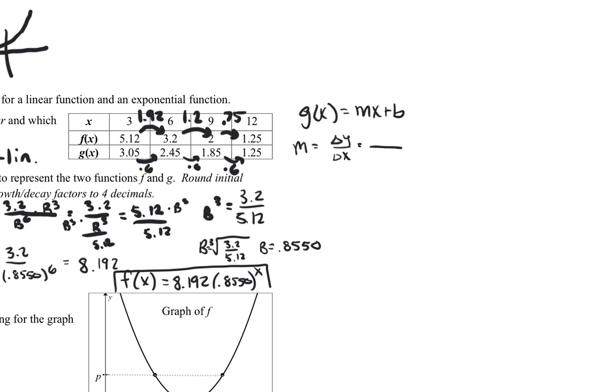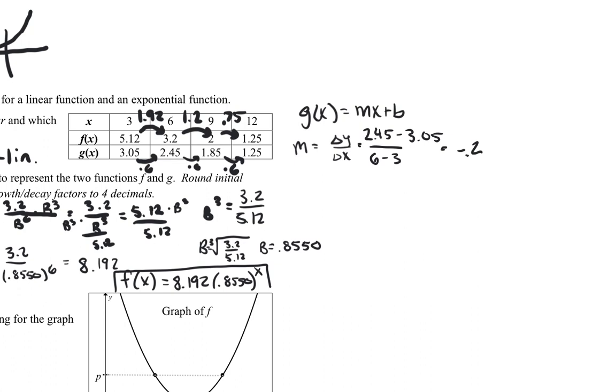I'll do 6 again. So 6 minus 3 is equal to 0.25 minus 0.5, and plug that into my calculator. And I get negative 0.2.